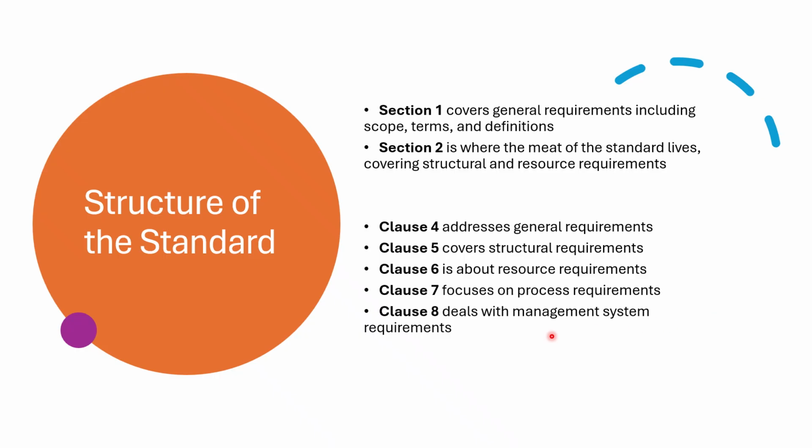And the last clause, clause 8, deals with the management system requirements, which can align with ISO 9001 if you're already familiar with that standard. So don't worry if this seems overwhelming. Each of these clauses will get its own detailed video where I will walk you through the practical implementation steps.